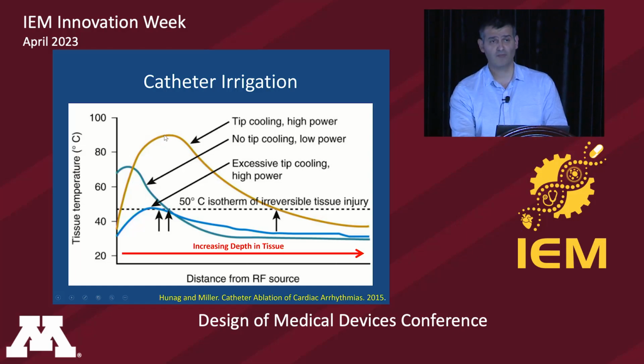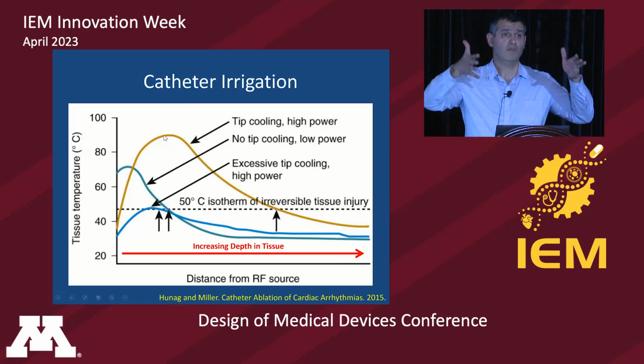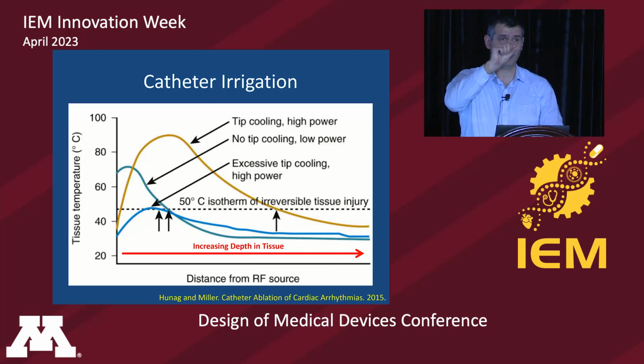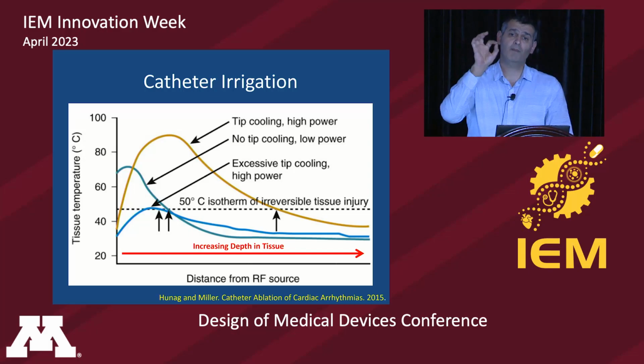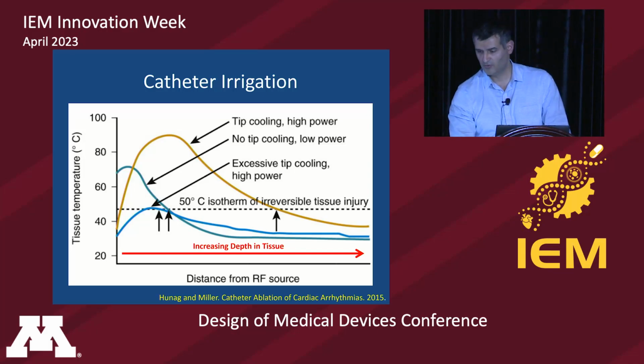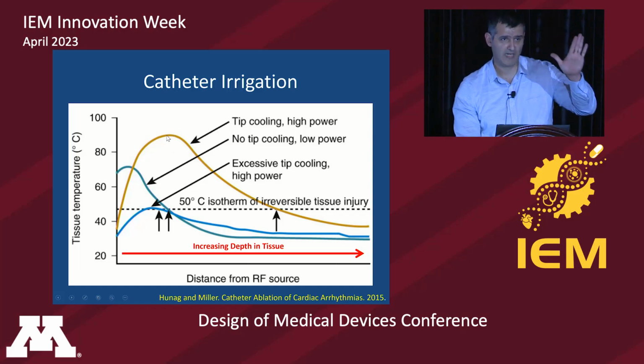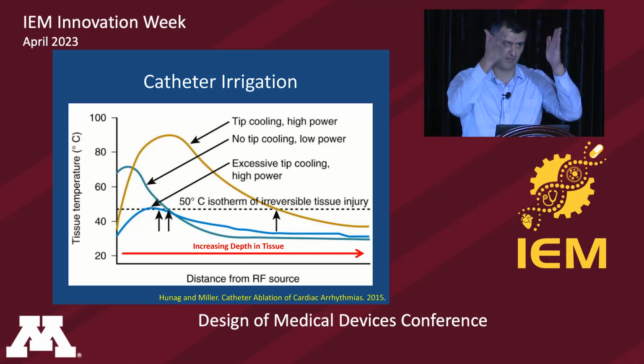You're able to drive more power into the tissue, but because you're cooling the very surface, that maximum heat will be reached within a millimeter under the surface of the tissue, not right at the interface. You see, this is the distance from the RF source, this is the depth. The non-irrigated catheter will reach highest within microns of the tissue contact interface. But an irrigated catheter is going to be able to drive the maximum temperature deeper into the tissue, creating a deeper lesion.